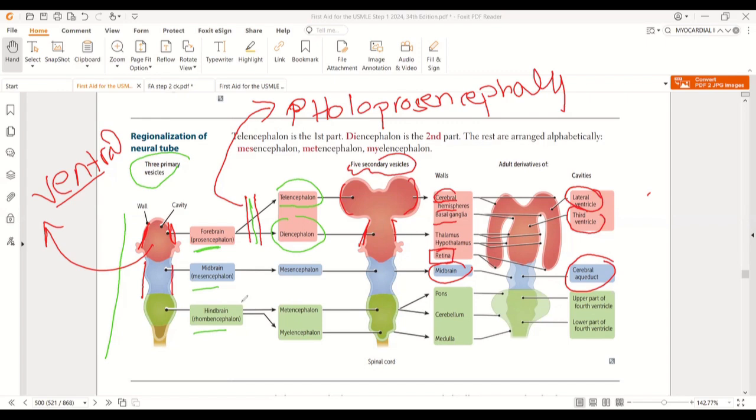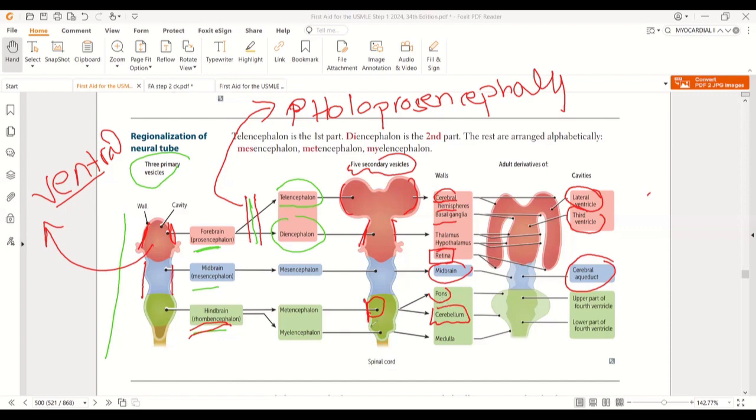The rhombencephalon divides into two secondary vesicles, the metencephalon and myelencephalon. The wall of the metencephalon gives rise to the pons and cerebellum, right?